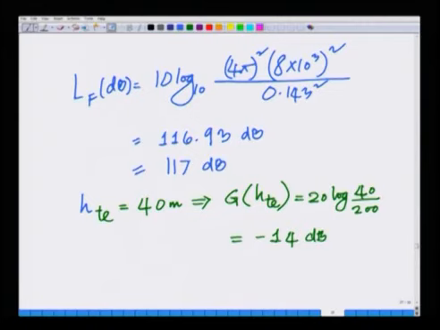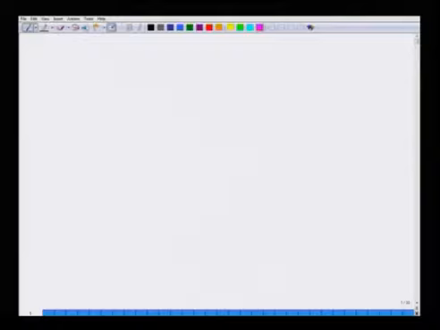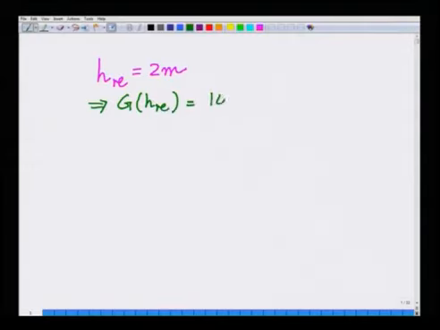So, the next thing we want to compute is the receive antenna gain factor. We have the receive antenna height equals 2 meters, hence the receive antenna gain factor G H R E equals 10 log 10 of 2 by 3 equals minus 1.76 dB.